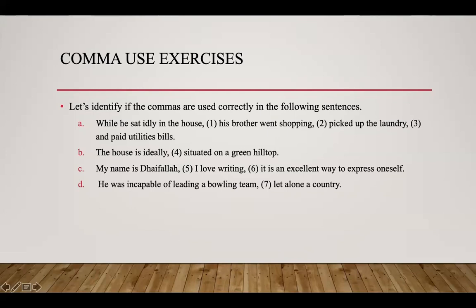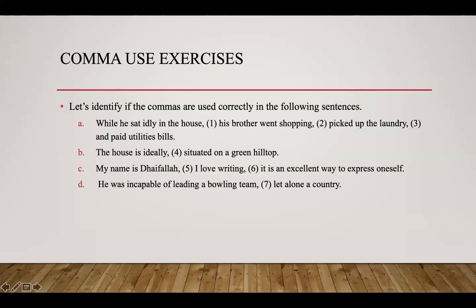So my name is Dhaifallah. That's a complete sentence, and it should end with a period. It's a short one. I understand the feeling that, well, yes, I can connect it with a comma. It wouldn't hurt, actually. I can understand the meaning. But the rules of the English language don't allow for that structure. So both number 5 and number 6 should be replaced by periods.